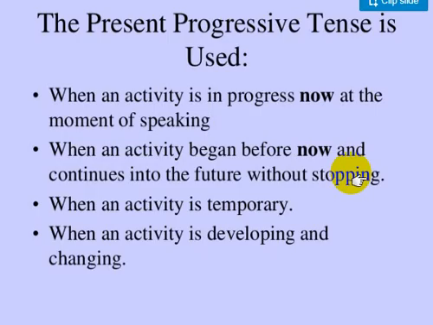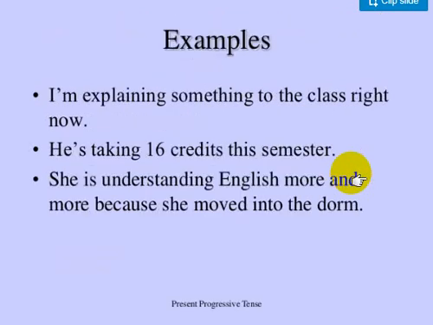While here the present continuous talks about something happening now, when an activity is in progress now at the moment of speaking, when an activity began before now and continues into the future without stopping, when an activity is temporary, something not permanent. I live in Cairo, but these days only I'm living in Alexandria. When an activity is developing and changing, the weather is getting hotter and hotter. You understand? So the present continuous is used for these usages.